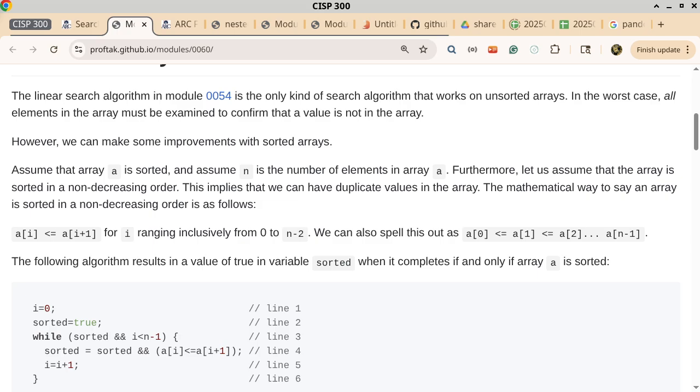In this class, unless we say otherwise, we're going to be using the non-decreasing order, which means the first item of an array A is going to have a value that is less than or equal to the second item, which is less than or equal to the third item, and so on. So the last item, assuming n represents the number of items in the array, would be the largest one. If you want to look for the maximum of the values in an array sorted in non-decreasing order, all you have to do is go to the last item, because that is guaranteed to have the largest value.